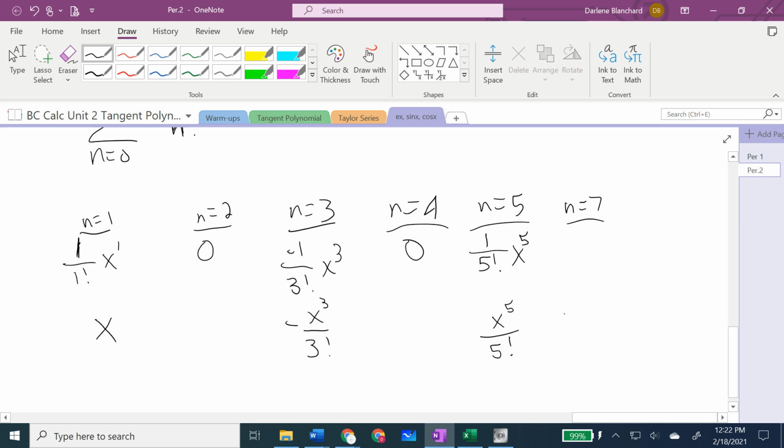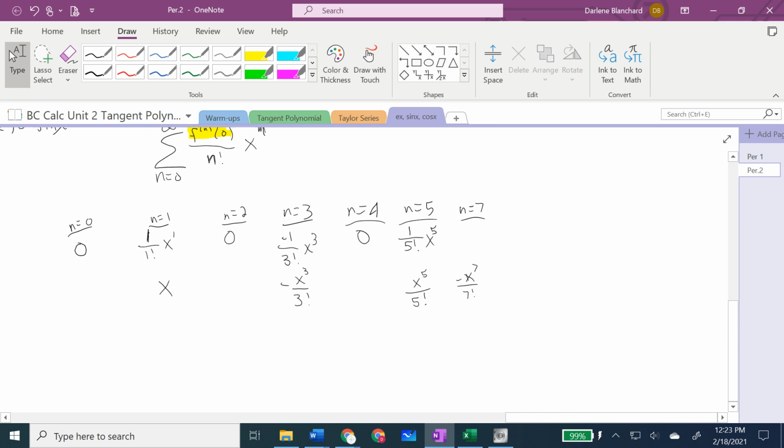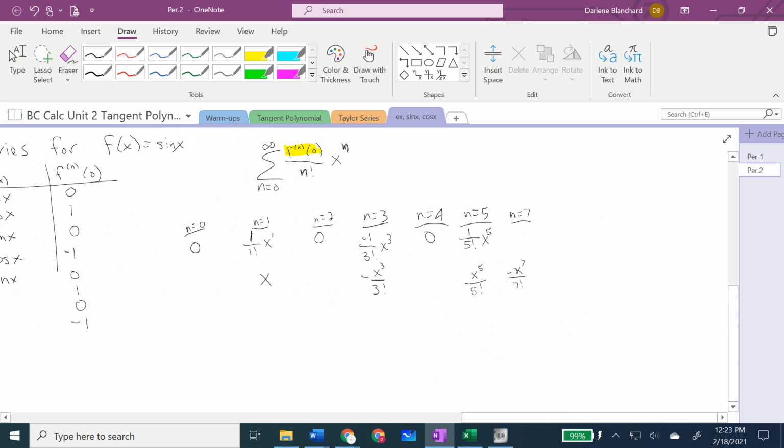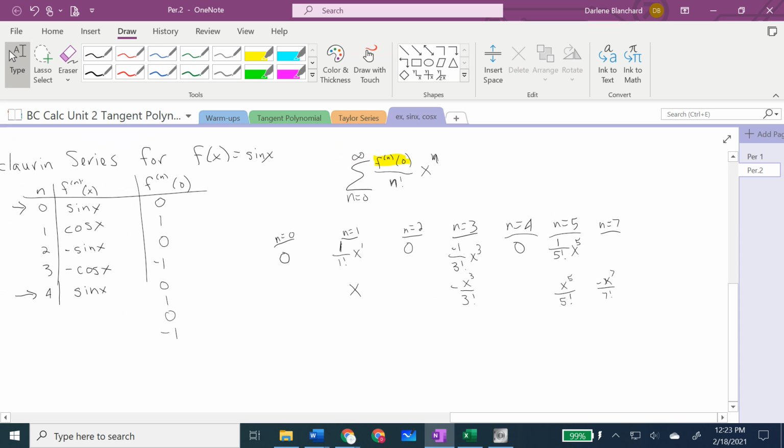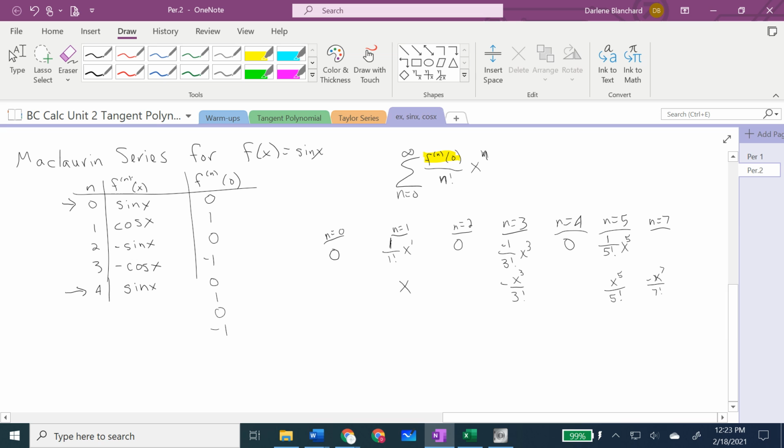All right. When n is equal to 7, I'm getting -1 over 7 factorial x to the 7th power. At this point, you should see the pattern. And I'm going to put this where you can see all the work we have done. And I'm now going to write the pattern that we have for the first few non-zero terms of sin x.